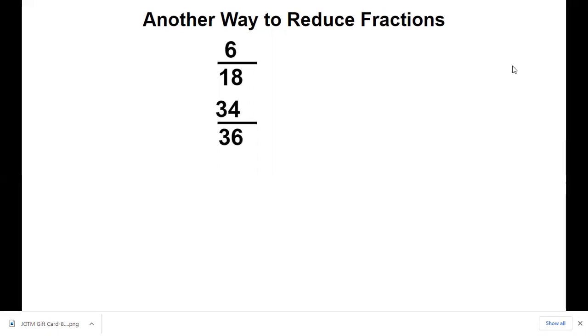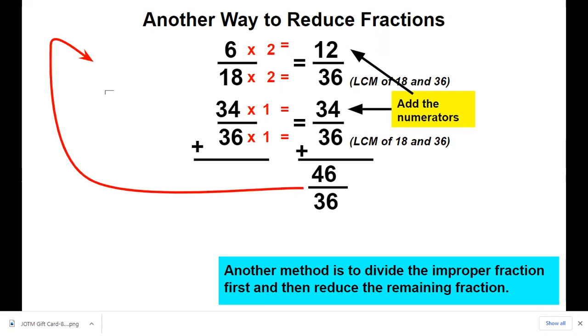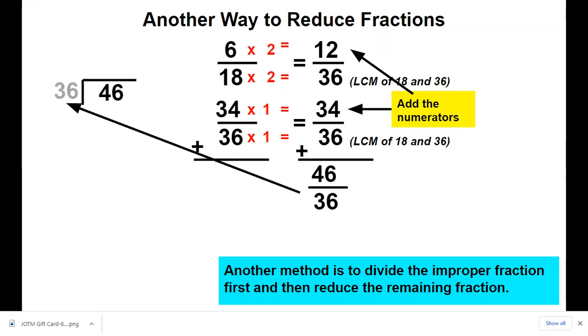6/18 plus 34 over 36. Did we just do this one? We did. We just did this one. I just doubled it. I must have doubled the slide. So, well, is this different? Oh, it's different.